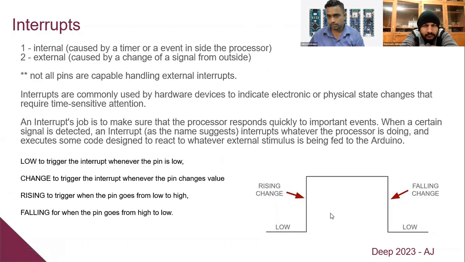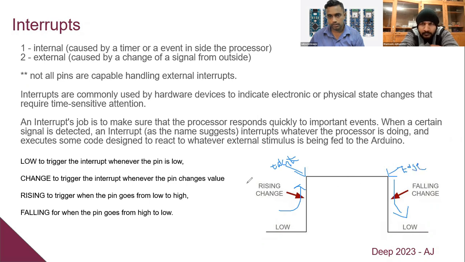Now if we look at the signal, you can see here, this is the rising part, this is the falling part, and we call this rising edge. This one here we call falling edge.